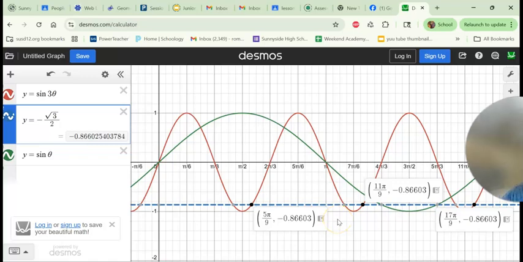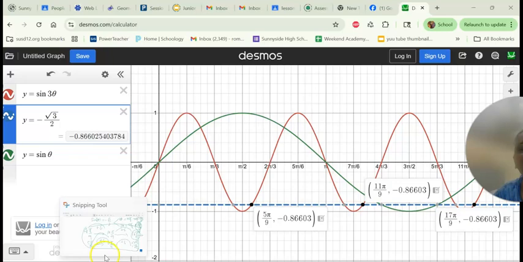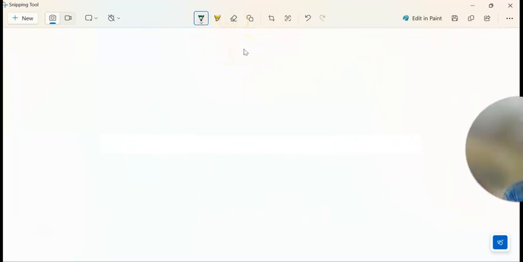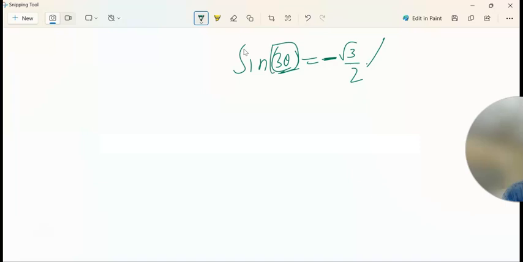So that's beautiful. I know I took a long time just to show this one simple example. All you do is, you don't have to do much work. If the question is asked, if you're answering an ACT question, maybe some entrance test, and the question asks sine of 3 theta equal to minus root 3 by 2, the moment you have a negative, you already know this answer has to be in the third and the fourth quadrants.